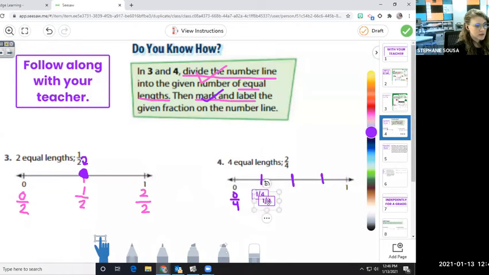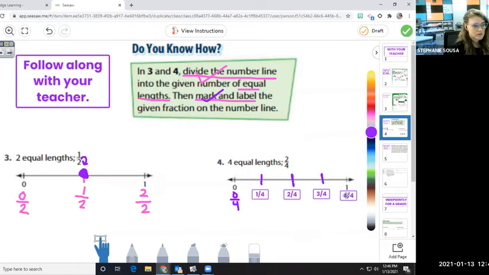The next one is 2/4. The next one is 3/4. The last one is 4/4.